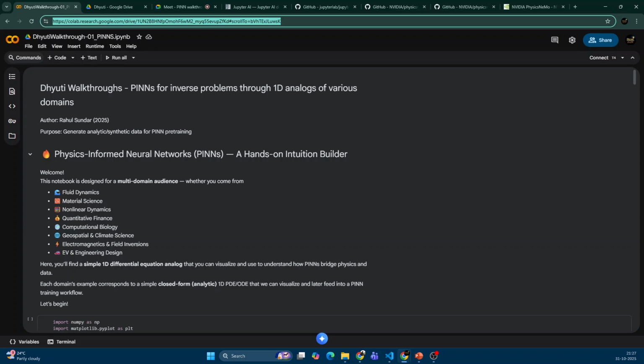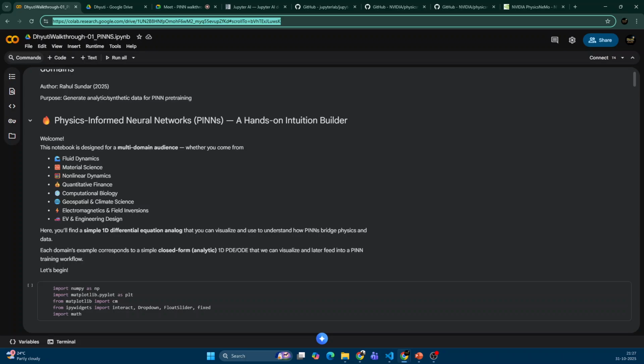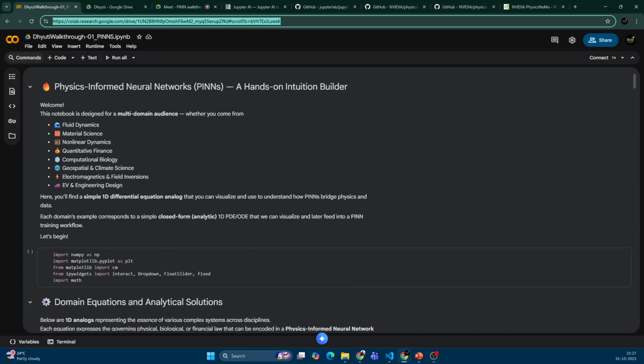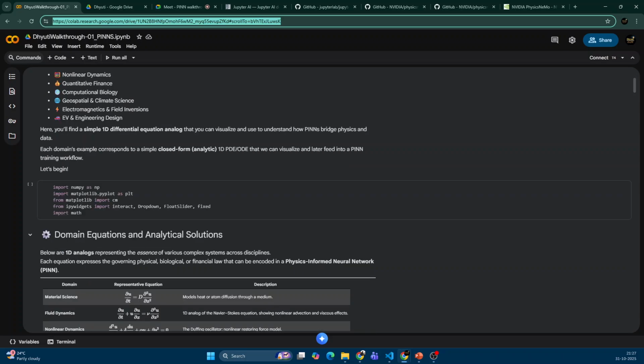Whether you come from fluid dynamics, material science, nonlinear dynamics, quant finance, computational biology, geospatial, climate sciences, electromagnetics, field inversion studies, or EV and engineering design, the idea is that through this book, I try to find some 1D ODE (ordinary differential equation) or partial differential equation analogs that you can quickly set your PINNs up for, and to understand how it bridges physics and data.